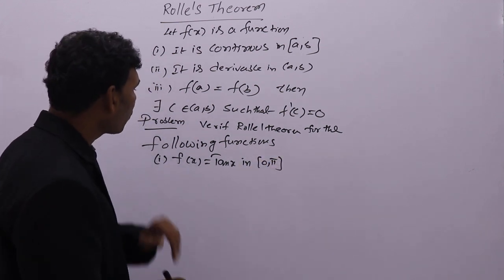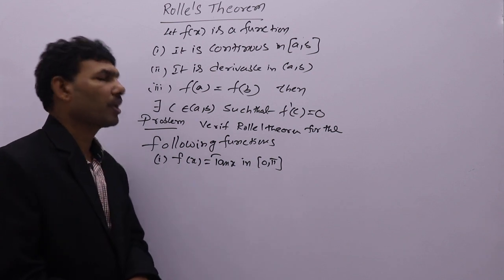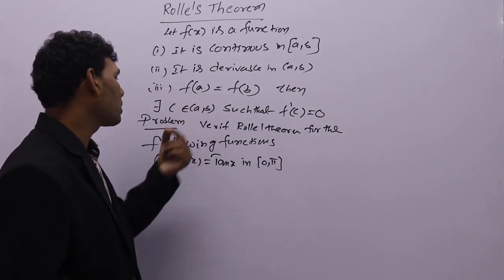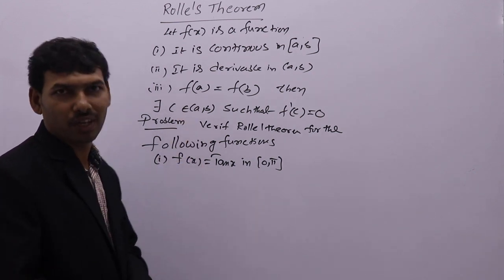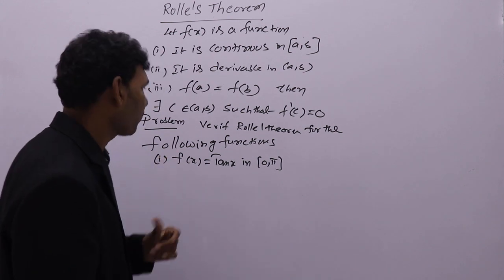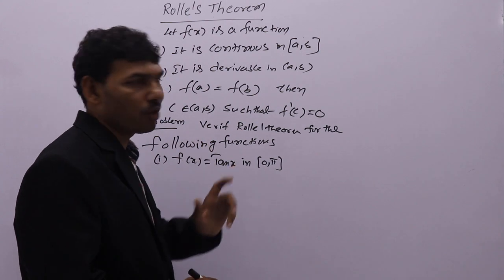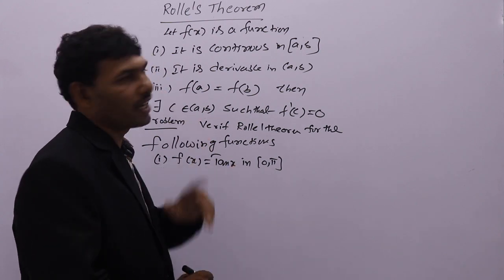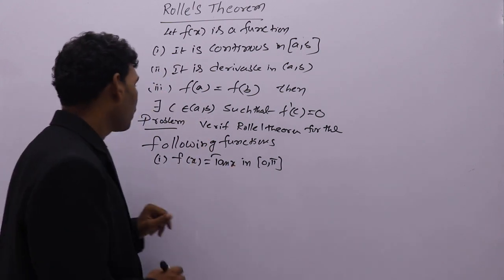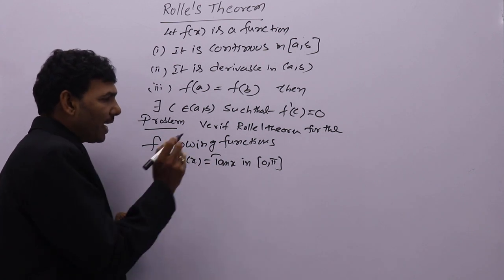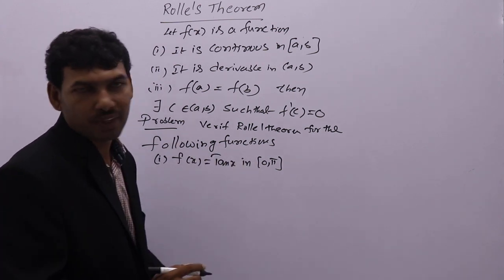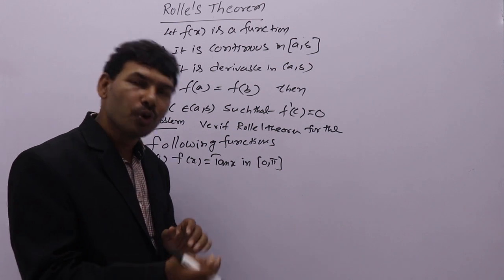So now I am going to test whether we can apply Rolle's theorem for this function. For that, you need to check whether f is continuous in the given interval, f is derivable or not, f of a equal to f of b or not. You all know that tan x in 0 to pi, tan pi by 2 value you know, infinity.